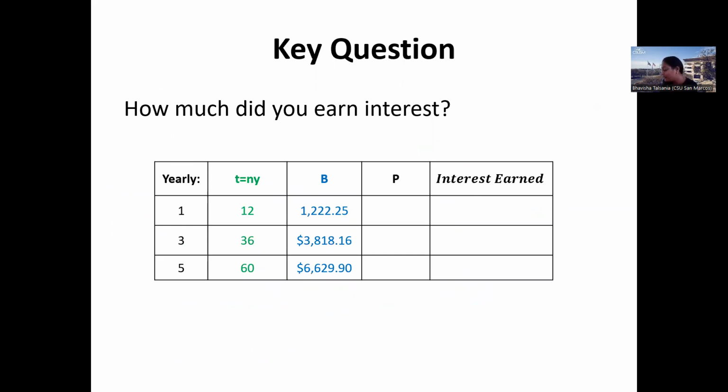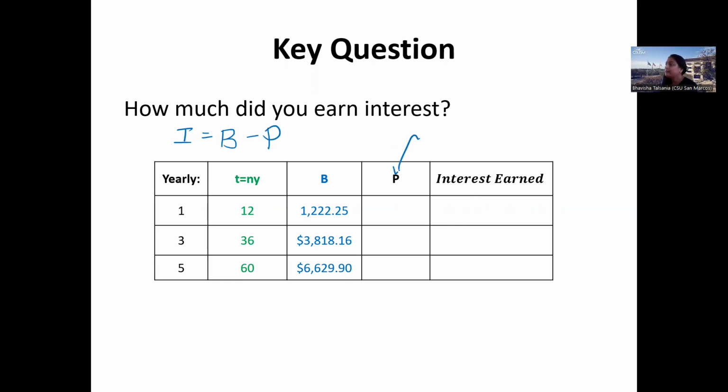Now, I know this is not part of your notes, but it's always good to know how to calculate the interest earned. And remember, interest earned is always going to be whatever your balance is minus your principal.